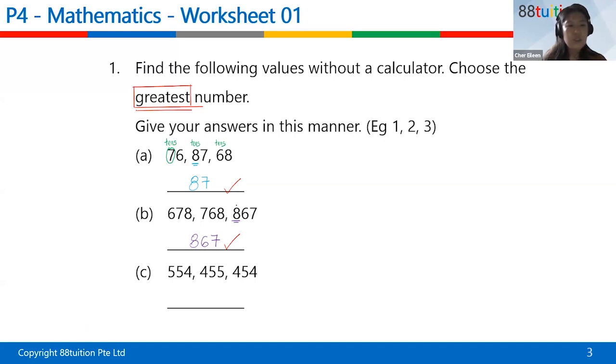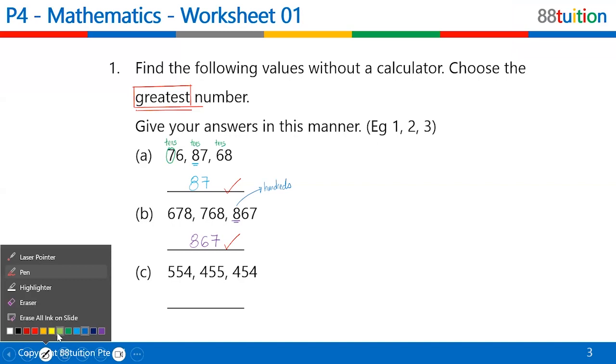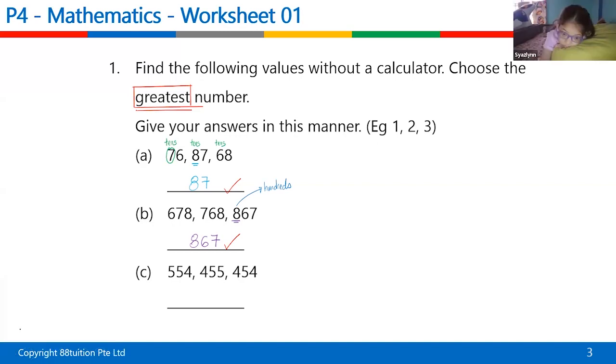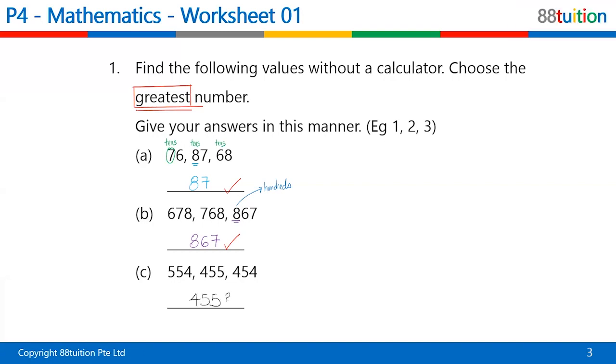Okay, so 1C, Lucas. Lucas just now raised hand already, Jaya. Later I'll let you answer the next question, okay? So Lucas, do you want to answer part C? Which is the biggest? 454. You sure, Lucas? Why you suddenly disappear?